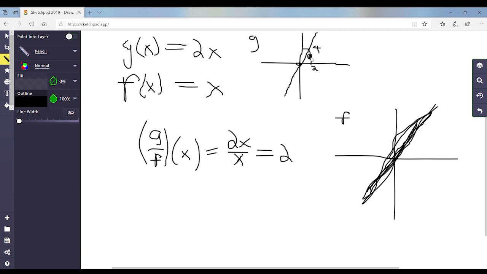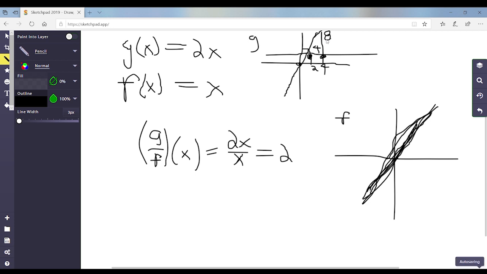So we're going to have a point right here. Now let's say we go a little higher on the curve, to x equals 4 and y equals 8. We have to do the same thing. What's 8 divided by 4? That's 2. So as this goes higher, so does the x value, and that's why we get a constant straight line.